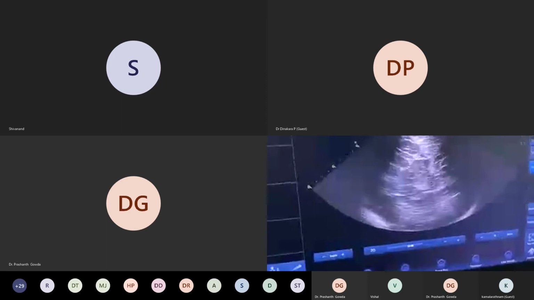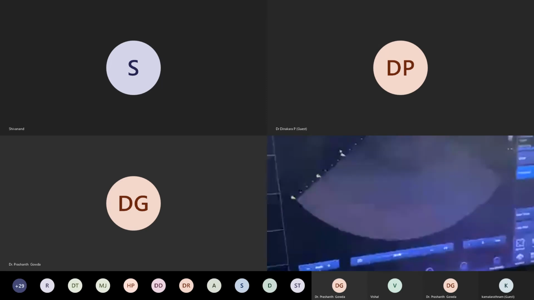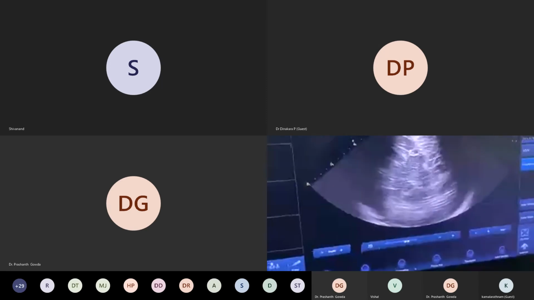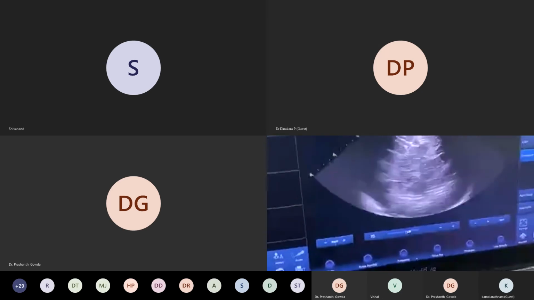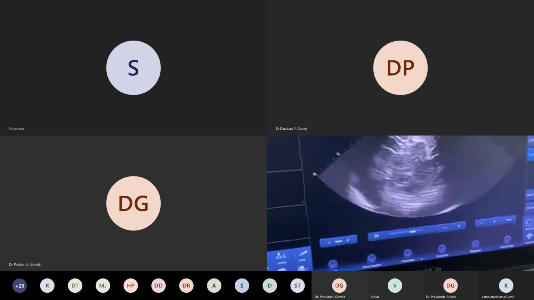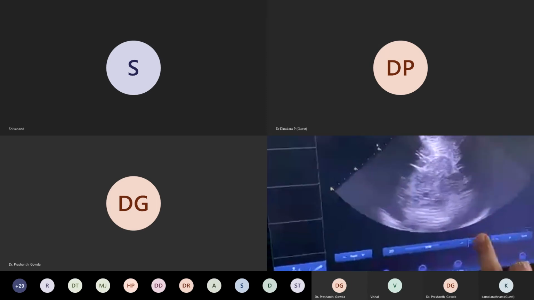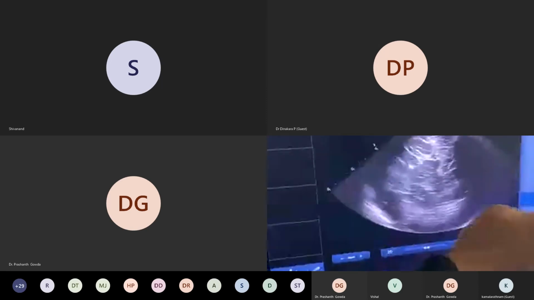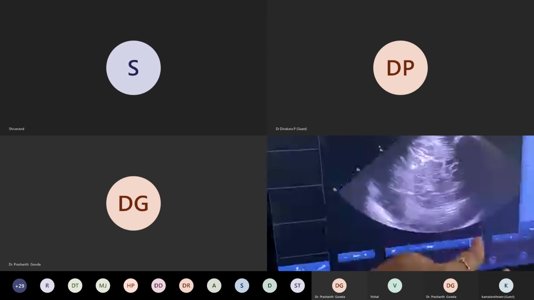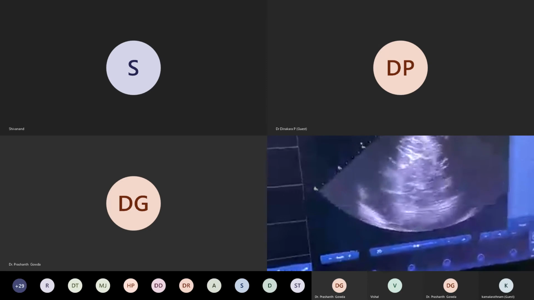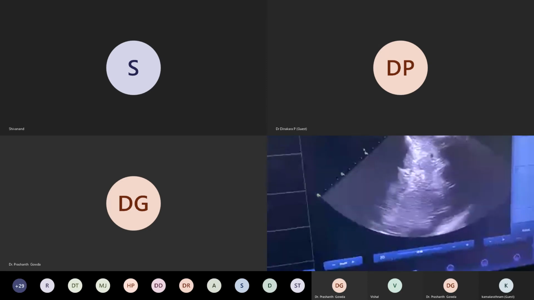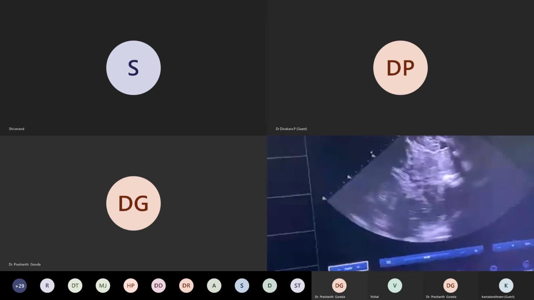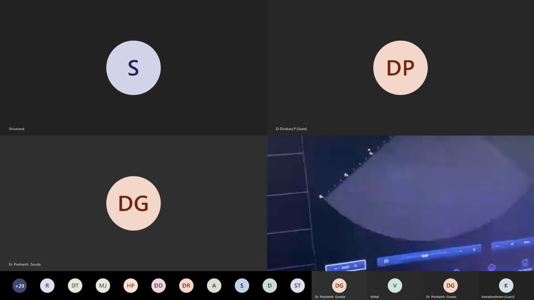Mastoid is basically for checking the cerebellum. The window is very, very tiny, but I'm trying to get it.